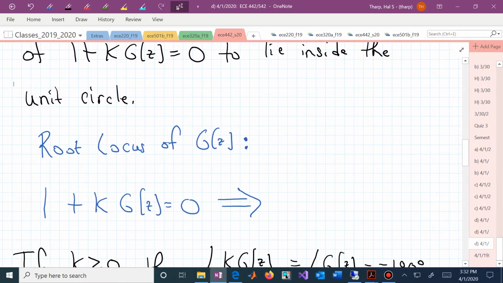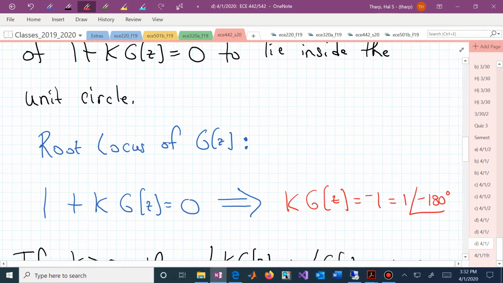We set that equal to 0, and that now says that KG(z), if we simply add minus 1 to both sides, we have K, which is a constant gain, times some complex expression G(z), complex meaning complex number expression. If that's the case, then we could write this minus 1 in polar form and say, oh, that's the same as having a magnitude of 1 and an angle of minus 180 degrees.